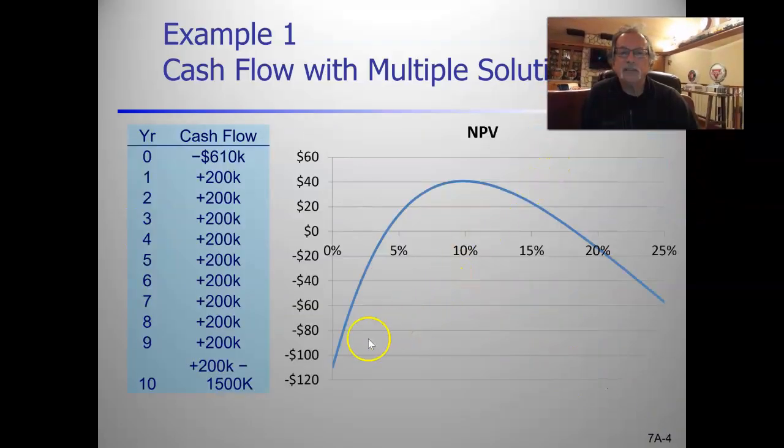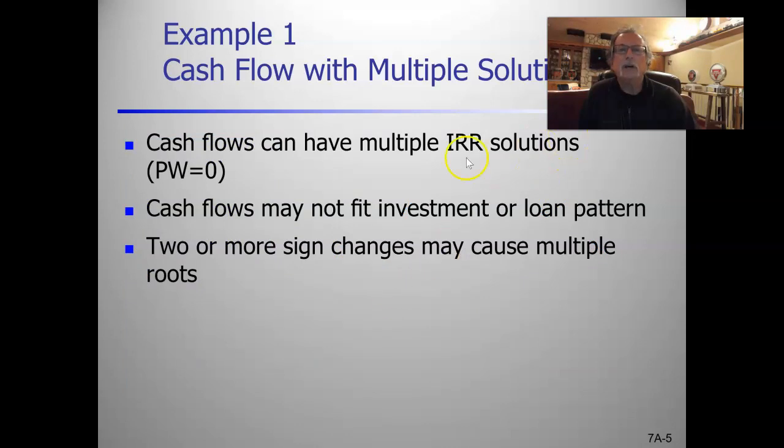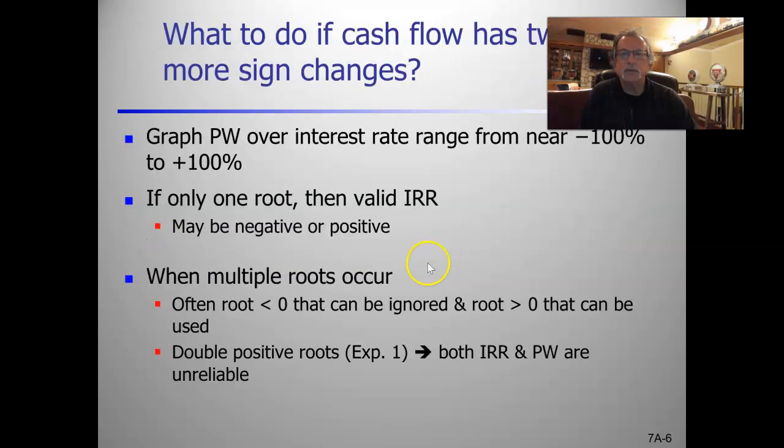So here is the graph of what I showed you starting at 0%. That's the first step. So cash flows with multiple solutions, you can have multiple routes. They may not fit a typical investment pattern and they may give you multiple routes, but they don't always give you multiple routes.